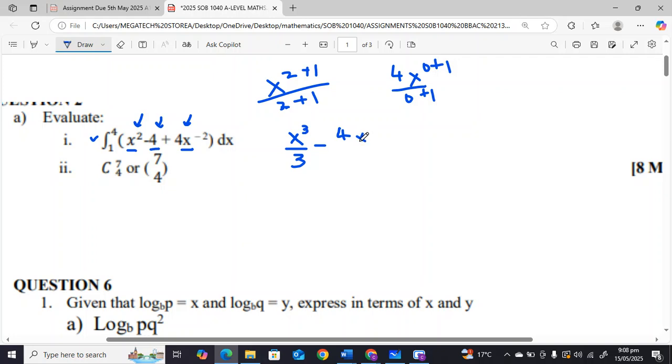So 4x divided by 1, you just get 4x. All right. And the next one here.